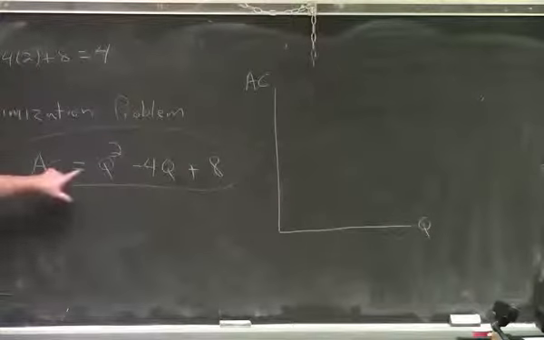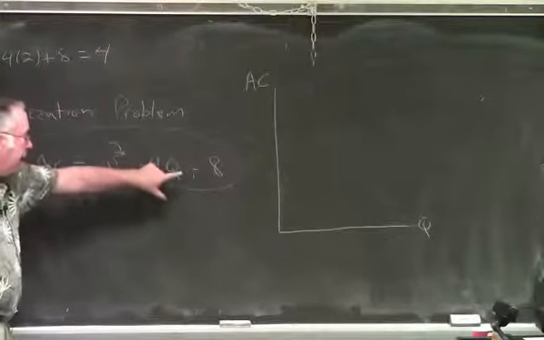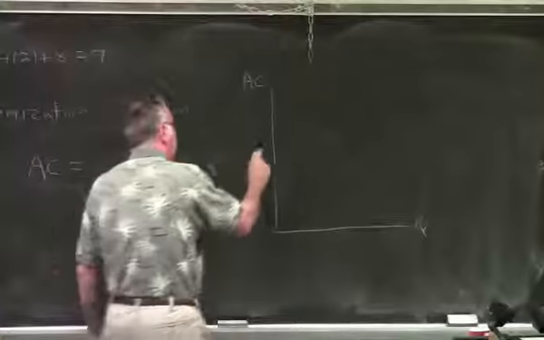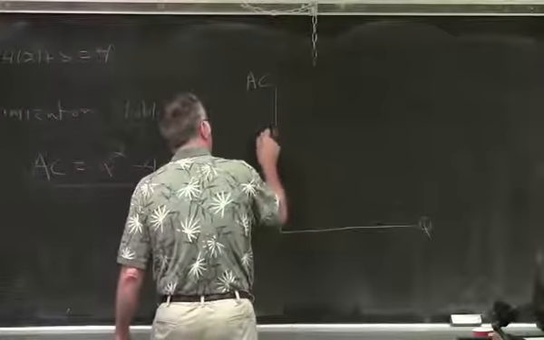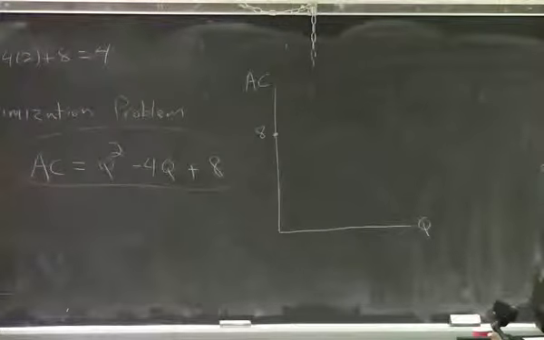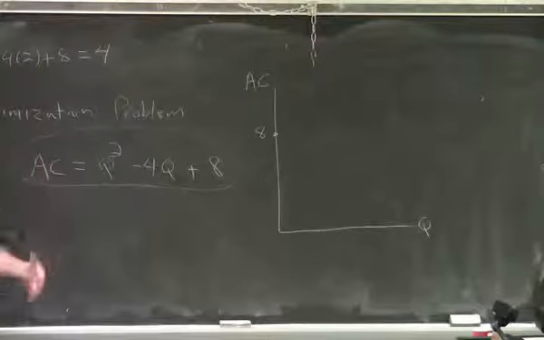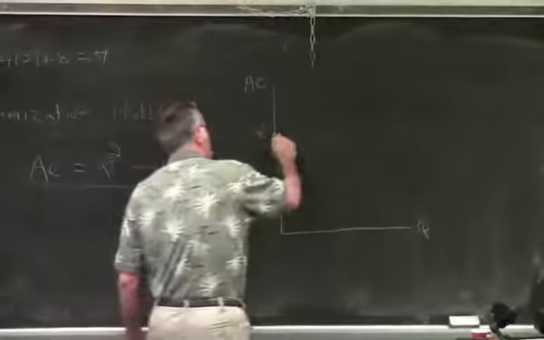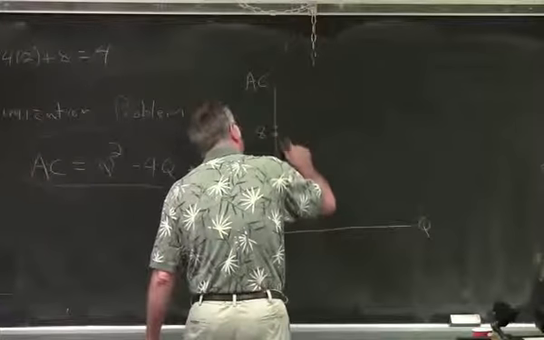Notice if q equals 0, average cost will be equal to 8. So that's where it starts. Because this coefficient on q squared is positive, it's going to be U-shaped, and if you graph it, it's going to look like this.